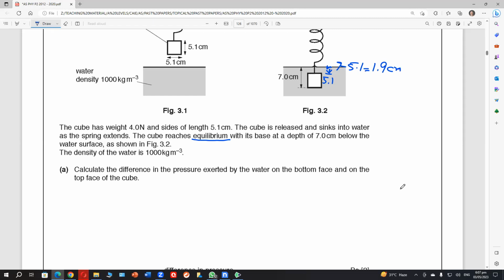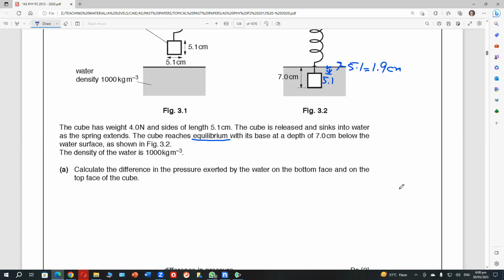I hope you can guess that this topic is going to be the topic of upthrust, because he's talking about pressure difference, about the fluid, the submerged one.